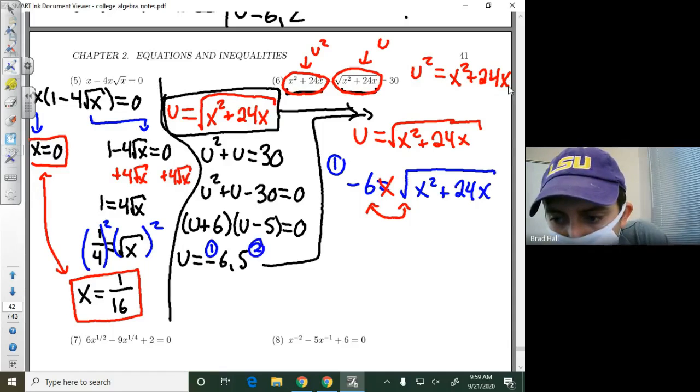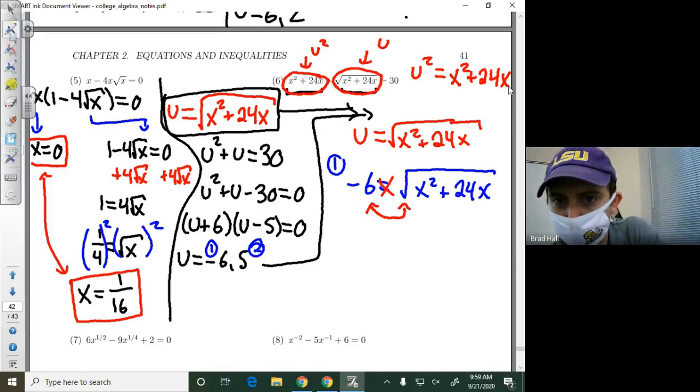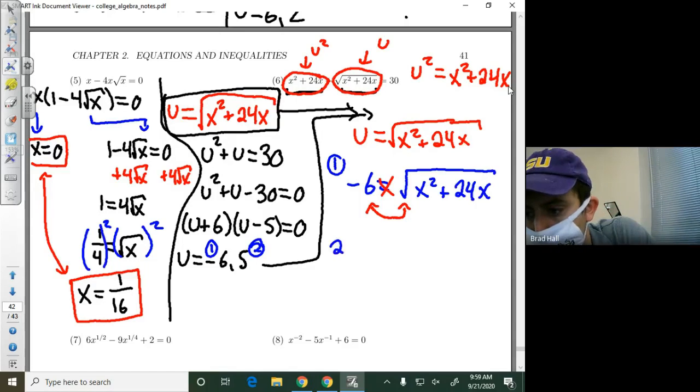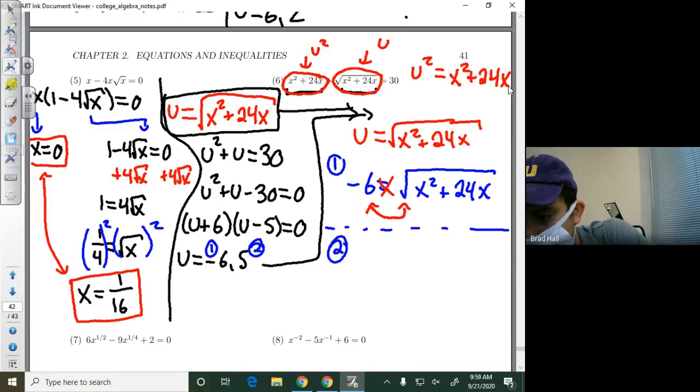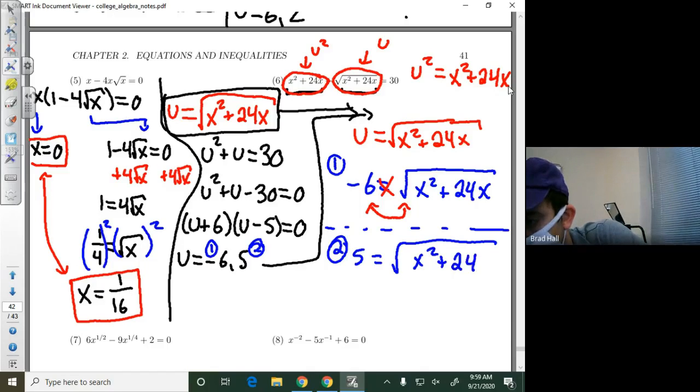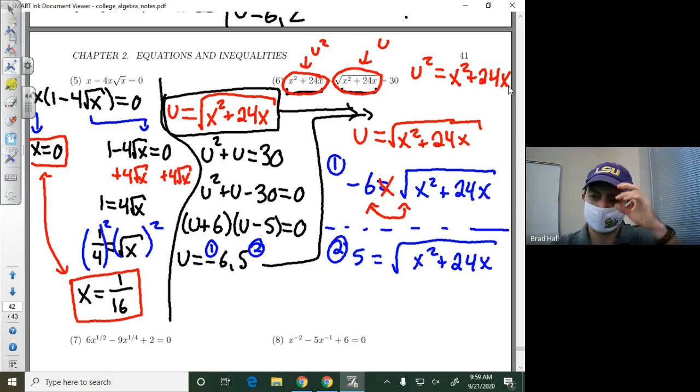Now the other u value we found is positive, so this should be okay. Go ahead and look at the second u value, which was 5. And so now we have 5 is equal to a square root, which means we can square both sides to get rid of the square roots.